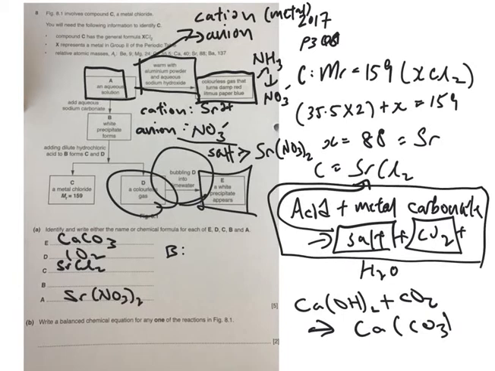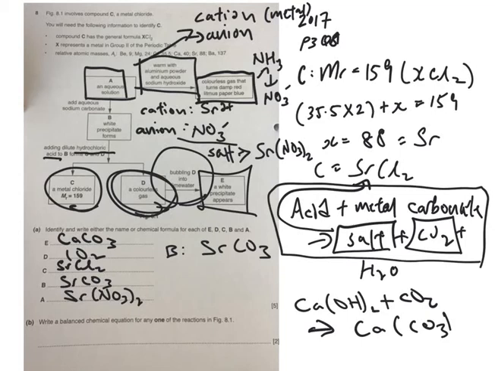You have your unknown B and then adding it to your hydrochloric acid to give you a salt, and then an unknown gas, which we have already solved as carbon dioxide. That means that it must be an acid and metal carbonate reaction. So what then must be the metal carbonate in this? As we mentioned, we have already deduced that the metal in this question is strontium, so that leaves your answer to be strontium carbonate. And that will then solve all the unknowns in this question.